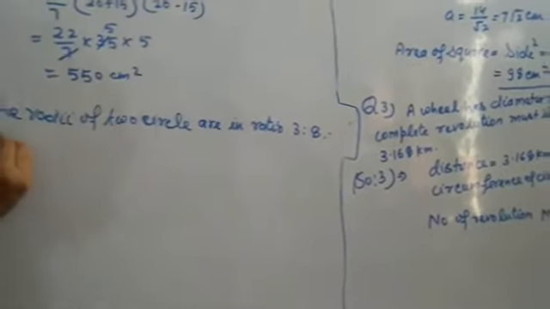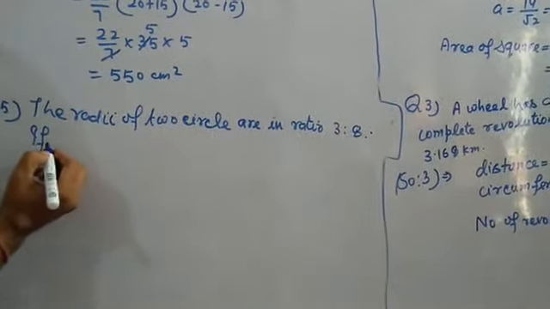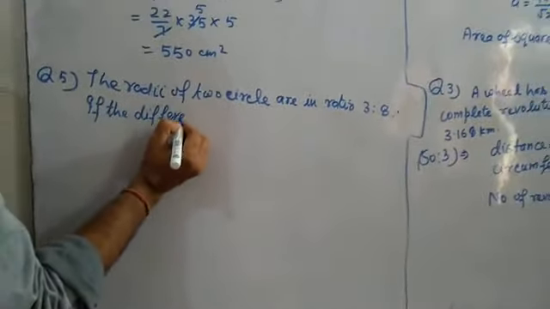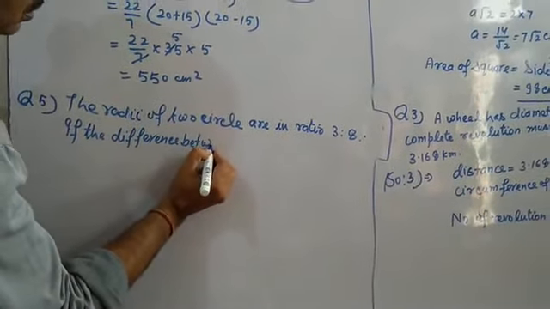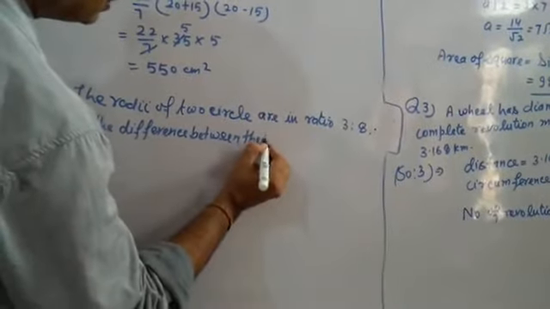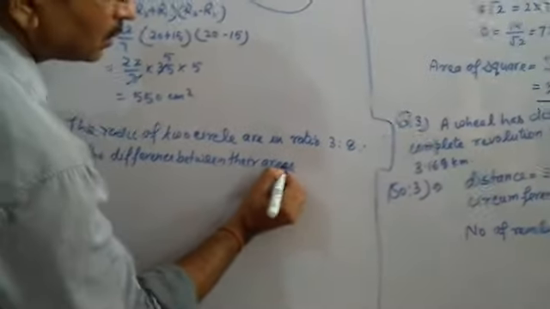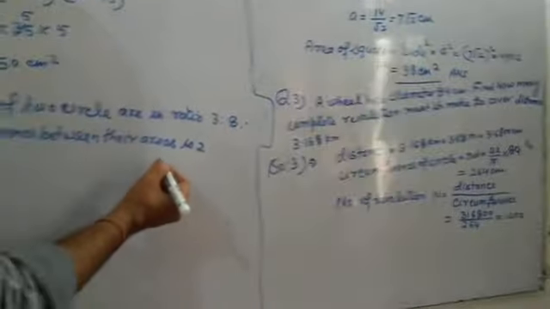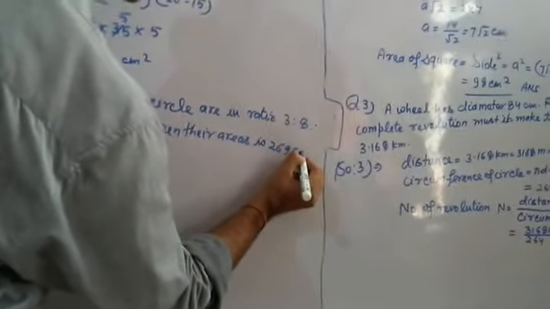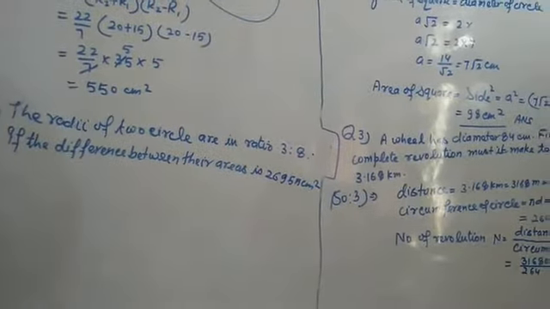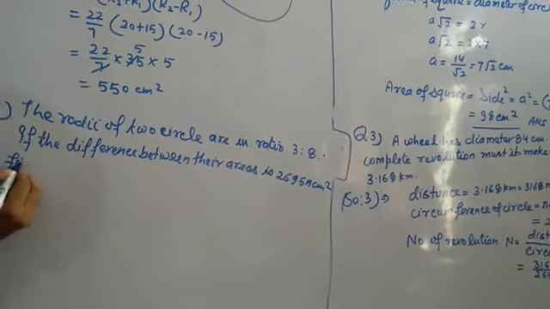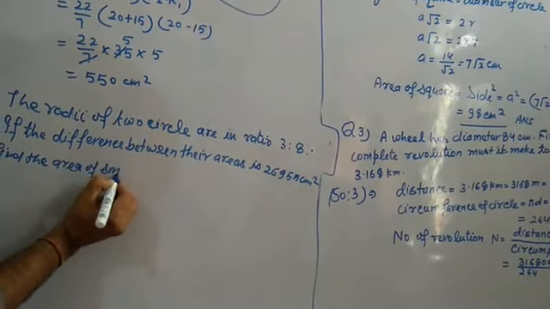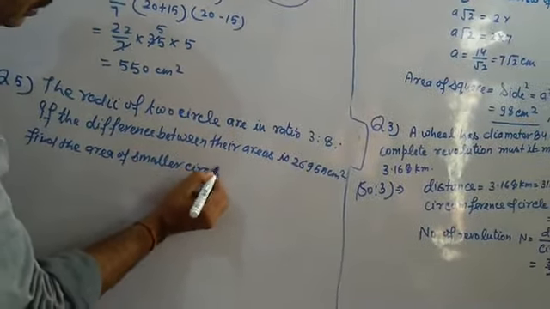If the difference between their areas is 2695 pi centimeter square, find the area of the smaller circle.